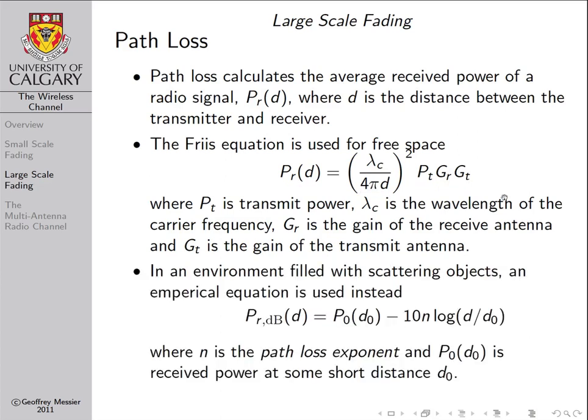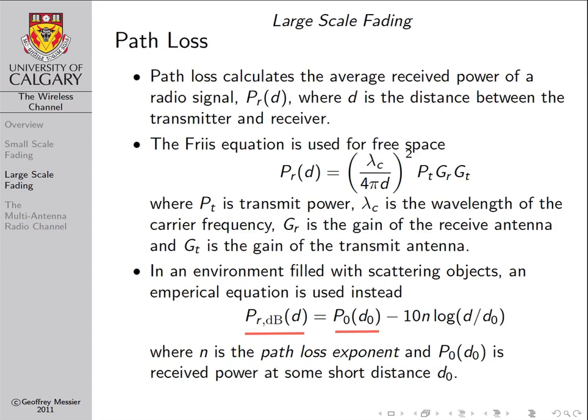The second, more generally used equation is what is commonly called the path loss equation, and is typically expressed in dB. So here we have the received power of our signal in dB, again as a function of the distance between our transmitter and our receiver, equal to a reference received power, P naught, at some reference distance D naught.